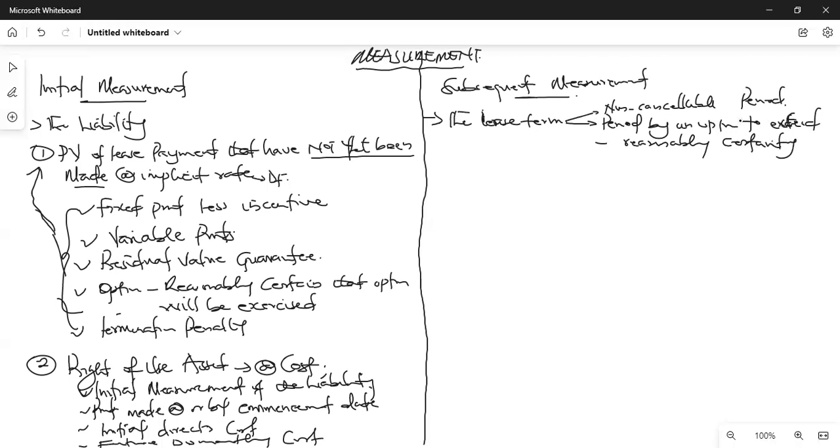What you also need to understand is the period covered by an option to terminate the lease.